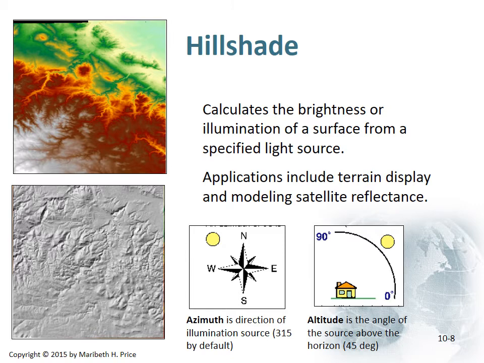So the sun illuminates the landscape, and then we're seeing what that landscape looks like. It's very commonly used as a background in analysis and in visualization. It's used in analysis for visualization.